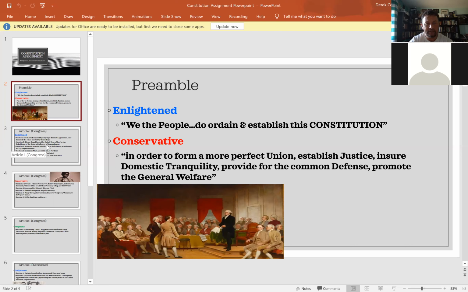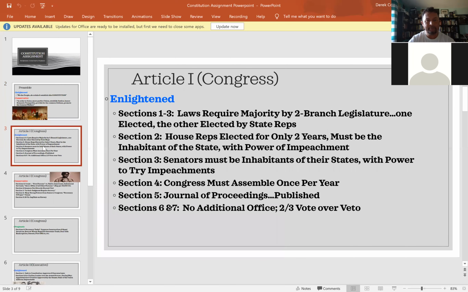So the chief executive. And then in the third branch, you have the judiciary, the judges, right? So Article 1, they start with Congress. Symbolically going with the most democratic body of the three, at least at that time.